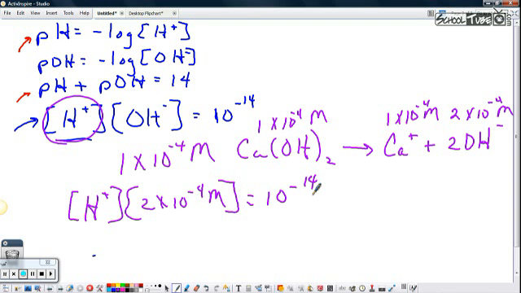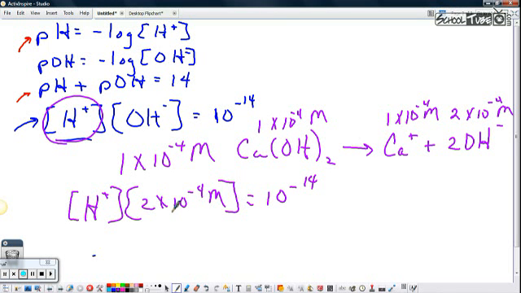Now solve. Divide both sides by 2 times 10 to the minus 4. Put it in your calculator. You need to use the exponent button, or second comma on a graphing calculator, to get this answer. You do not put times 10 in your calculator. The exponent button or the second comma is like putting in times 10.